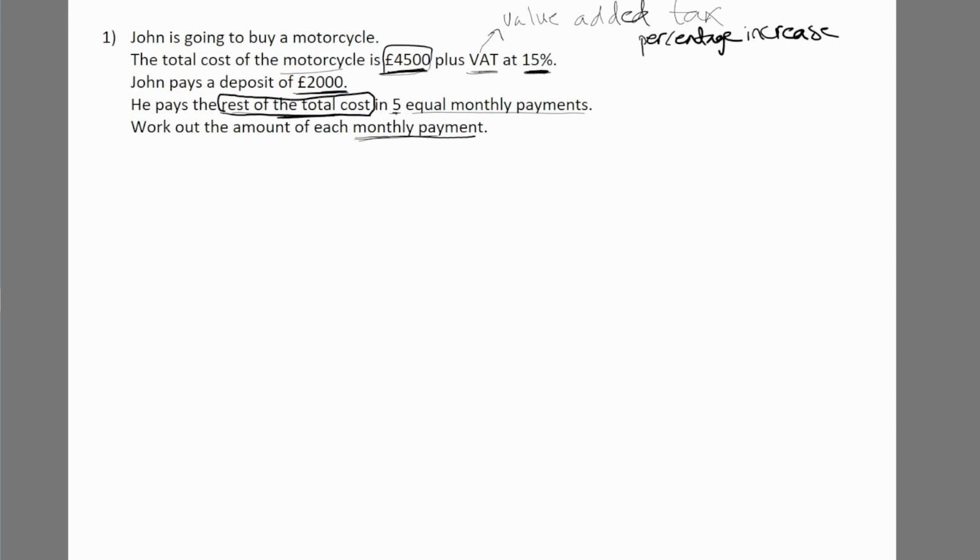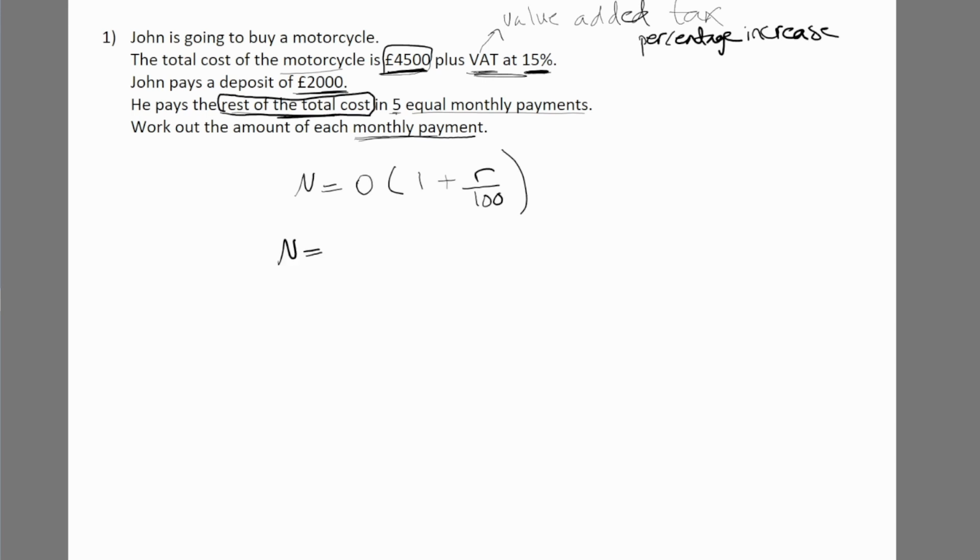So we're going to use the percentage increase rule to find out the new cost of the motorcycle plus the tax. So the percentage increase rule is going to be, as we know, new is equal to old multiplied by 1 plus r over 100, and we use the plus because this is an increase. So the new price, we don't know it.